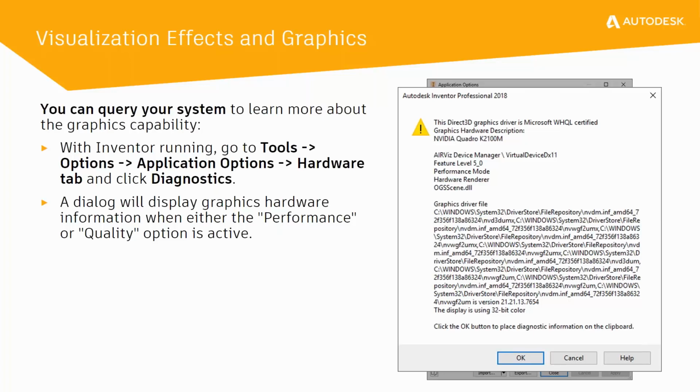And also, if you're dealing with support staff from Autodesk or a reseller, this is information that could definitely help problem solve issues that you're having with stability of your system.